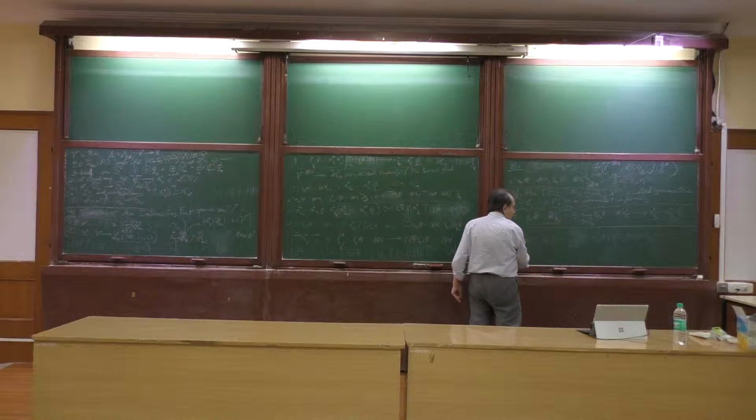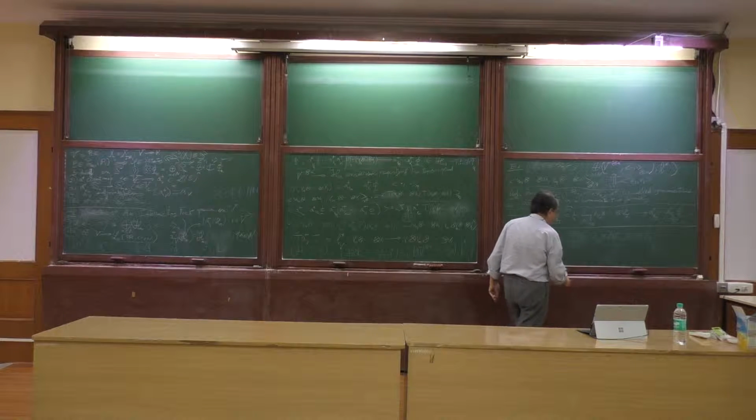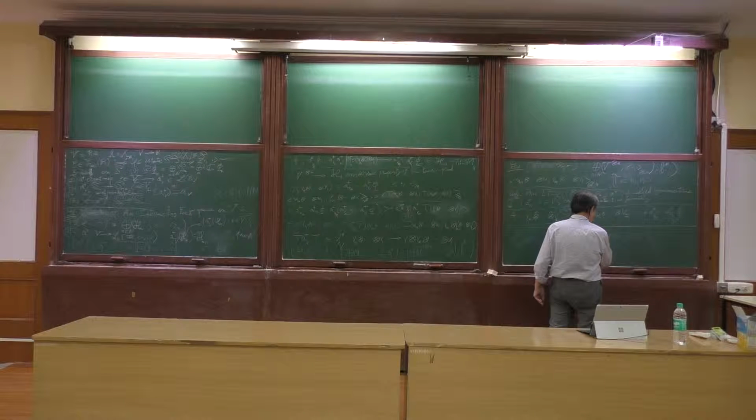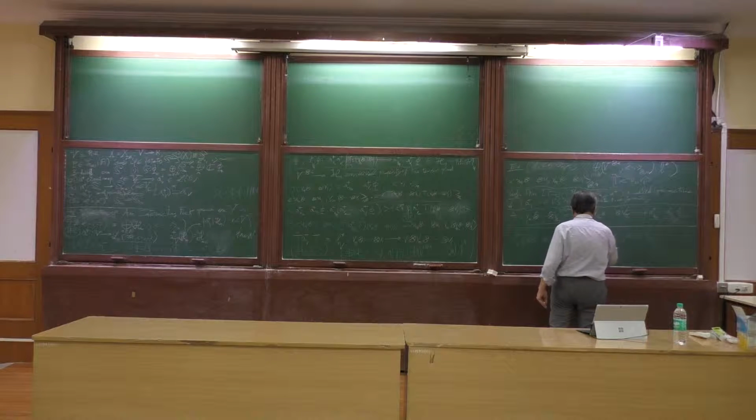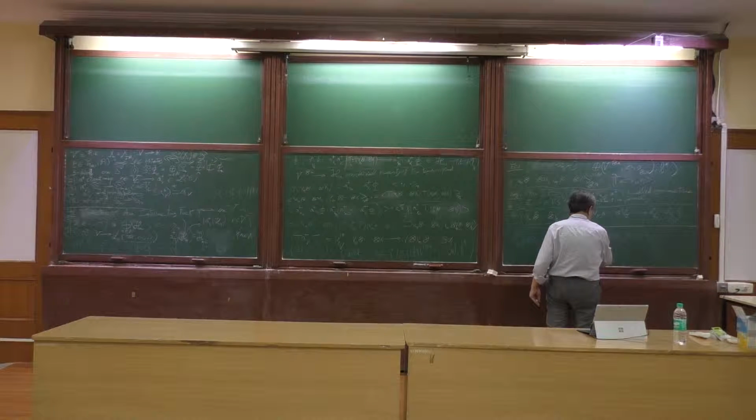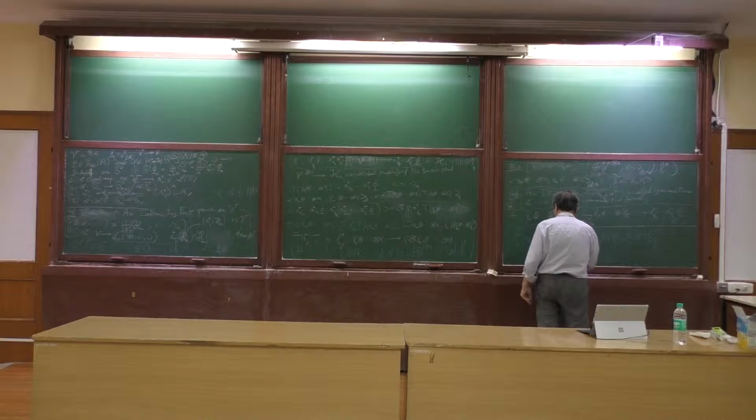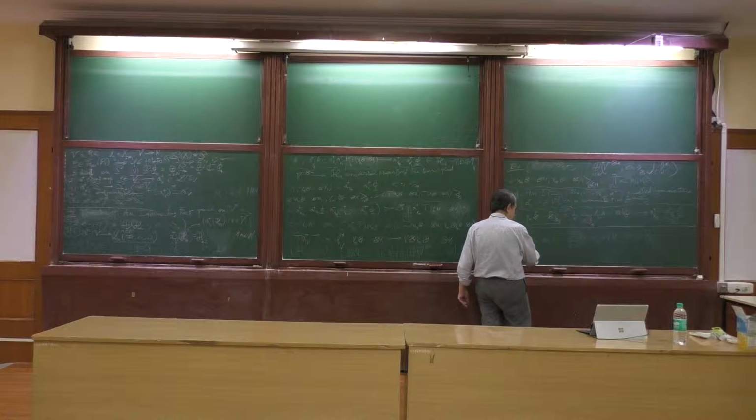So I have to go from 1 to n, and let me write it explicitly because I see there is a confusion.